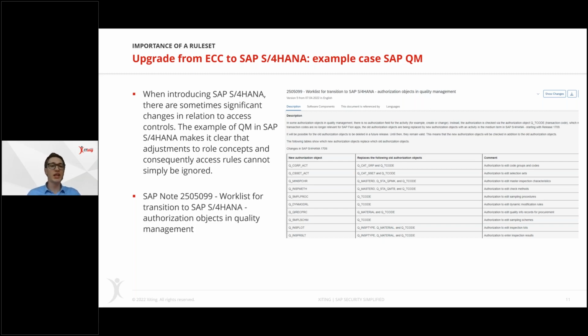The critical access might now relate to other objects compared to what you were looking at in the past. As you can see in this table, there is a good portion of new authorization objects, replacing other old, outdated authorization objects. This is a very good example of when you need to take action when doing an upgrade.